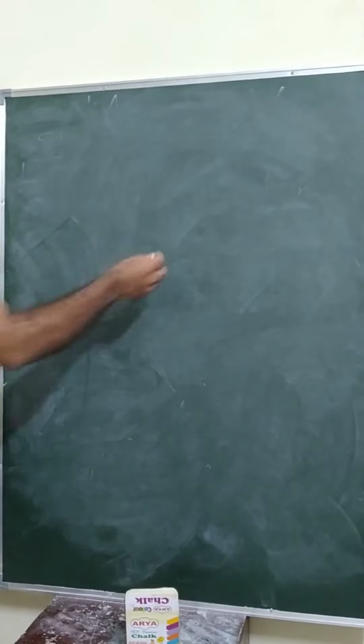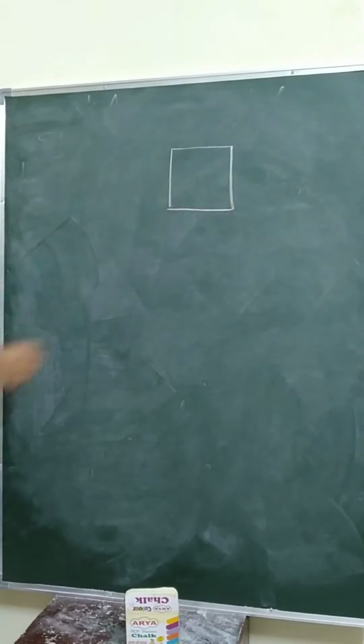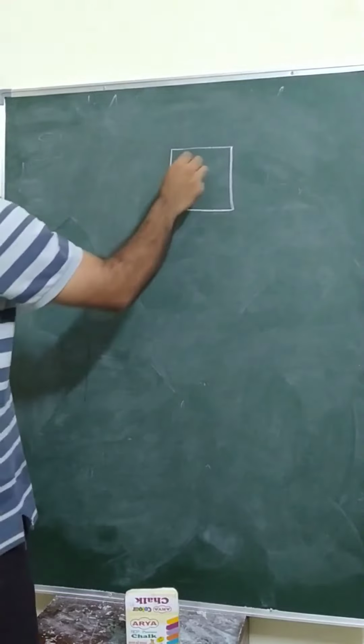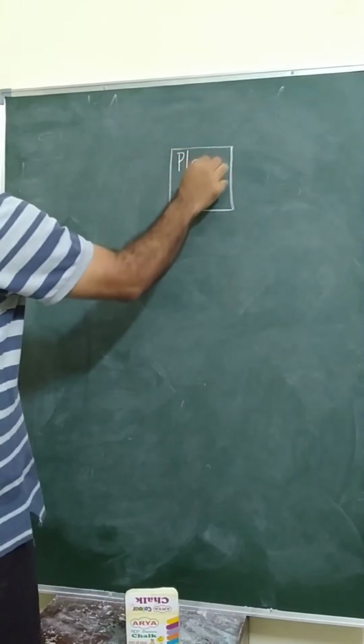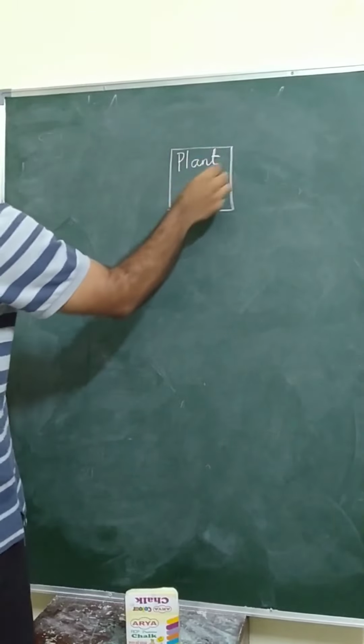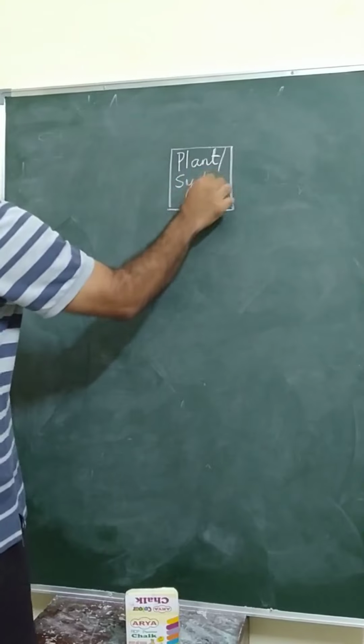So I'll depict my plant or the system as a block. This is a block which represents the plant, which, as I have already said, is also called the system or the process.